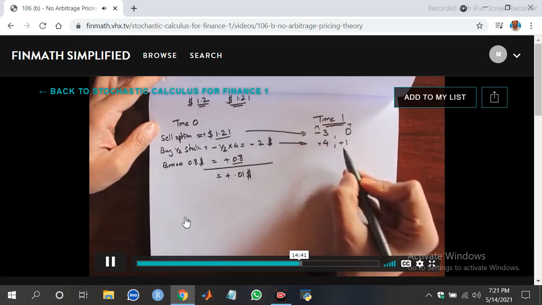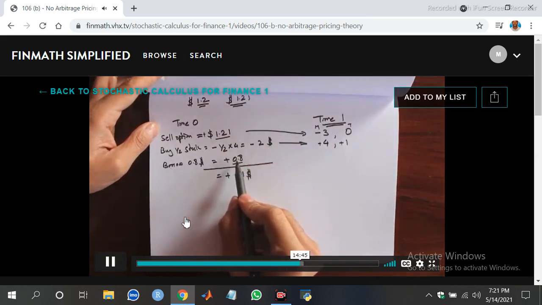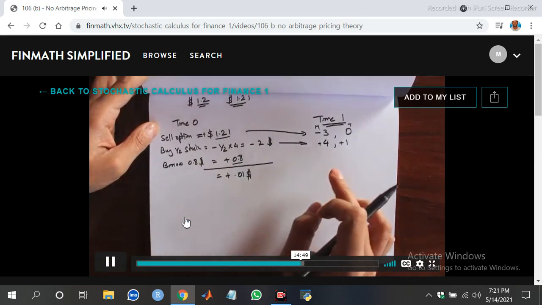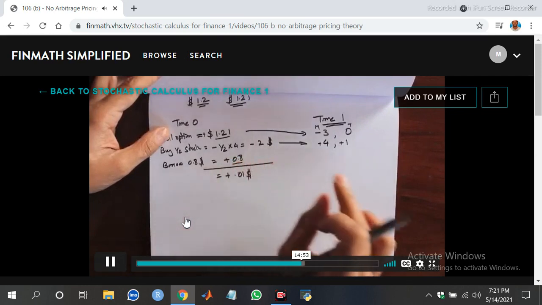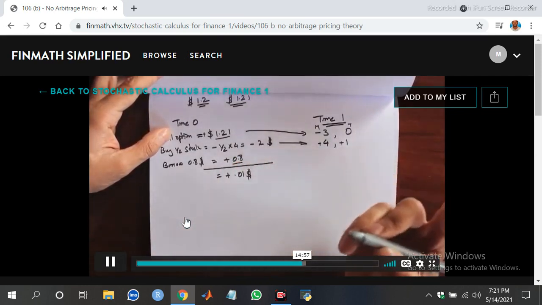Since I had borrowed 0.8 today, I will basically owe the bank 0.8 times 1.25, and that would be $1.